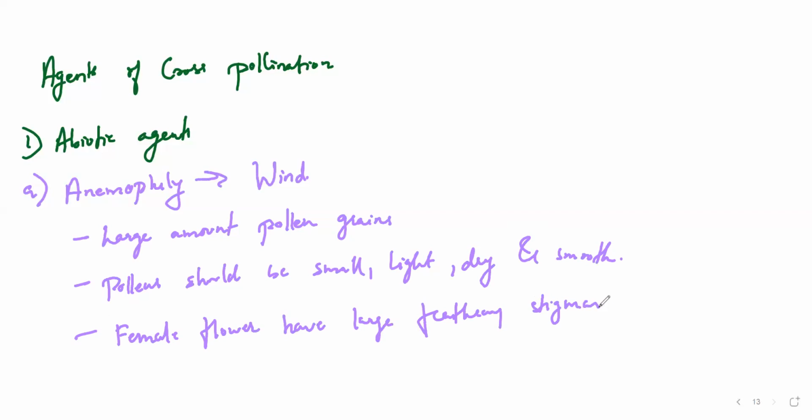So why large feathery stigma? So that they can easily catch the pollens. Okay, so whatever these kinds of flowers are there, they usually have a long and versatile stamen.